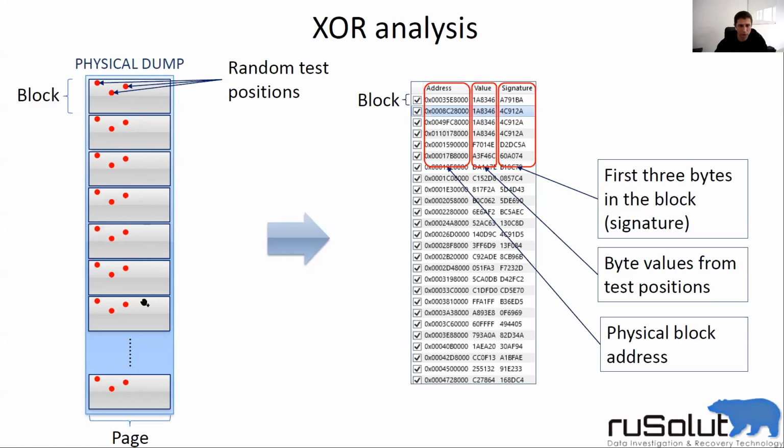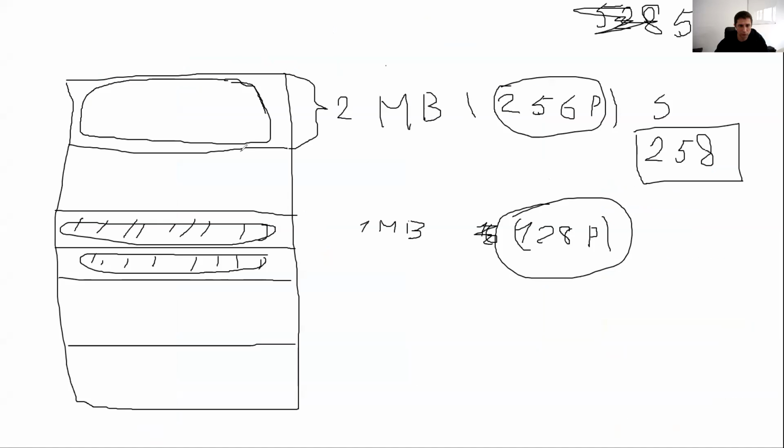But there is also quite a high probability that one logical block has 2 XOR keys inside, like on this picture.